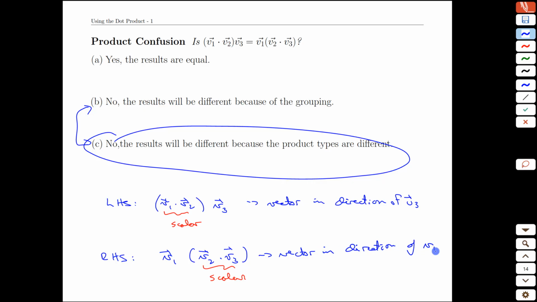And of course, there's no reason why v1 and v3 would have the same direction to start with. So if we compare those two, these are not equal in general. Going back to the statement here, the issue is that the product of v1 with v2 versus v2 with v3 is different because we're doing a dot product in one case and a scalar product with this combination in the second case.